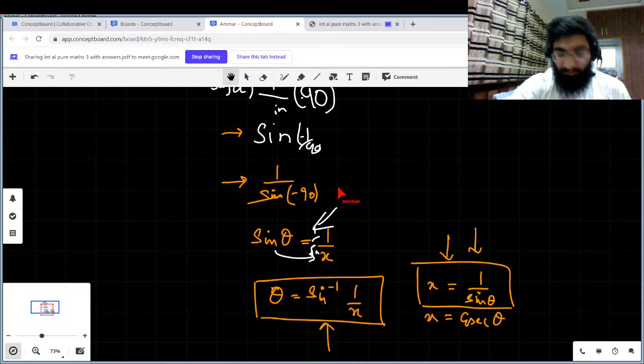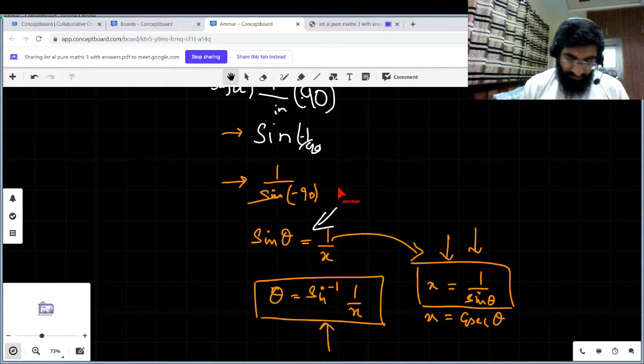For example, if you make this thing like this, then it would be 1 by sine. But if you turn this into this, then this is not 1 by sine. The left hand side thing is not 1 by sine, the right hand side thing is. So remember, sine inverse is done to find the angle, whereas 1 by sine is a function of its own, the reciprocal of sine.